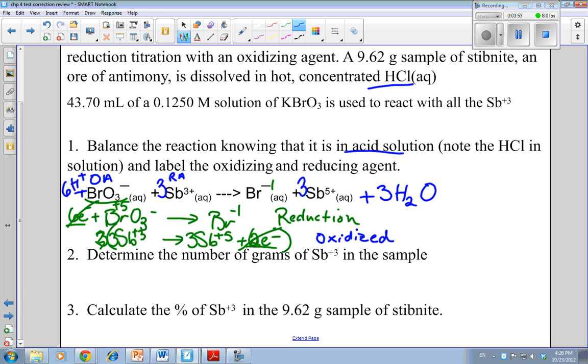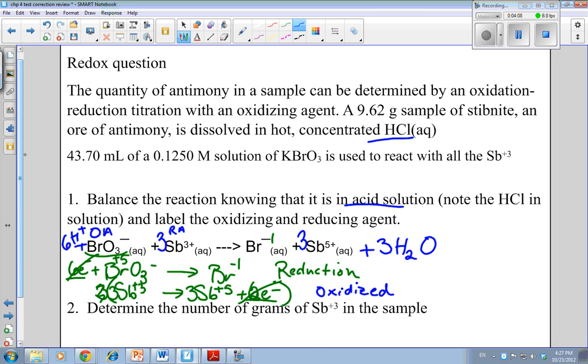So I have my balanced equation, and now I need to work through the problem. It wants me to determine the number of grams of the antimony, Sb, in the sample. Going up to the problem, my sample is 9.62 grams, and it reacted with 43.7 milliliters of 0.1250 molar KBrO3.